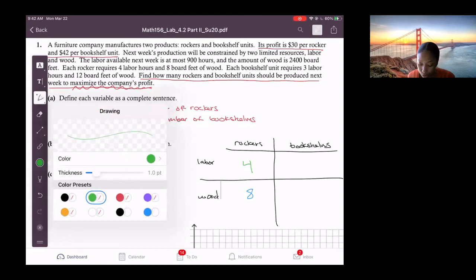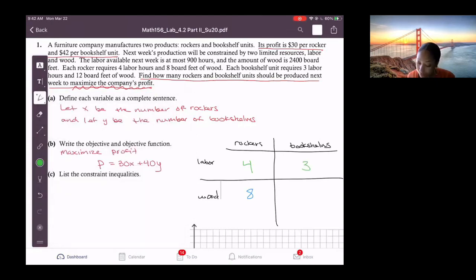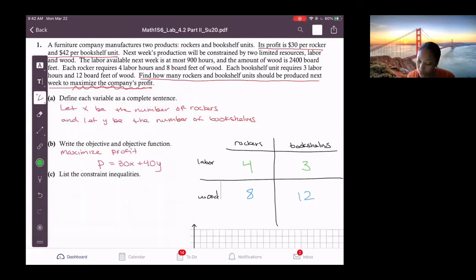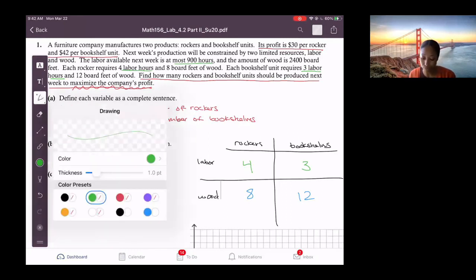And then we're told each bookshelf requires 3 labor hours and 12 feet of wood. I'm going to highlight all of that here too. So we had 3 labor hours for one and 4 labor hours for the other. And we're also told that we have at most 900 labor hours. So we'll have to take that into consideration.